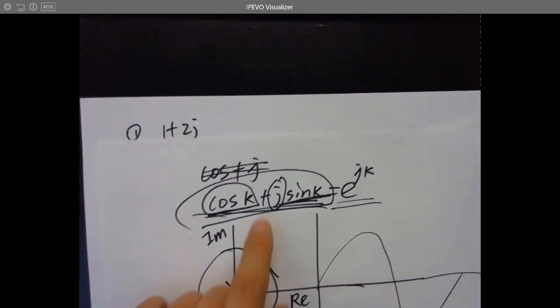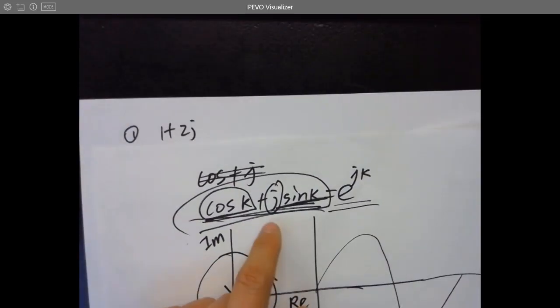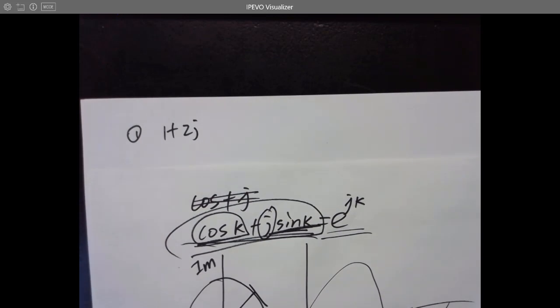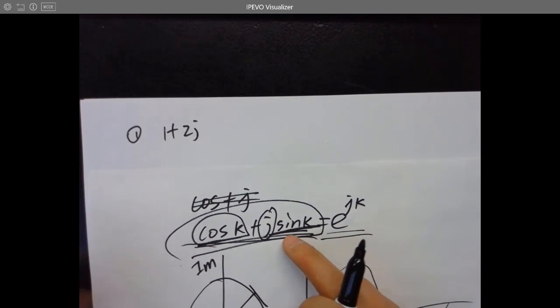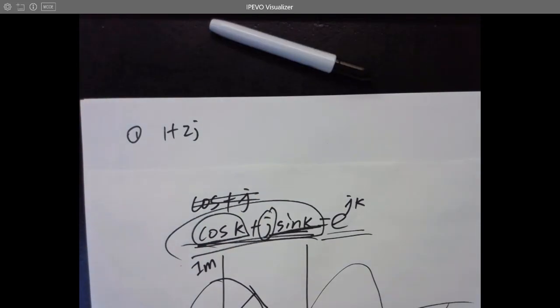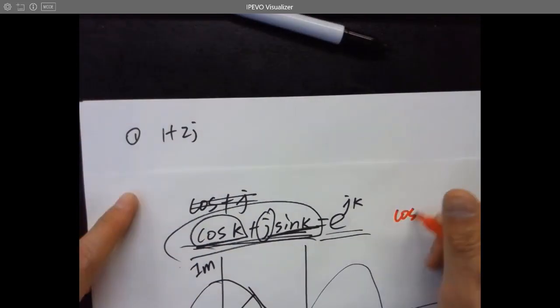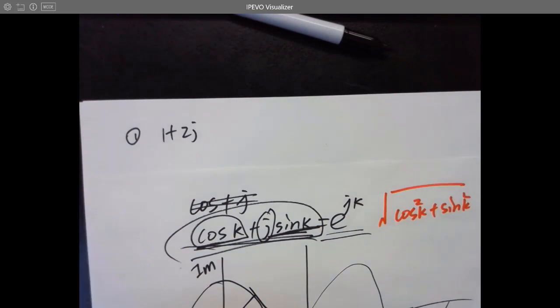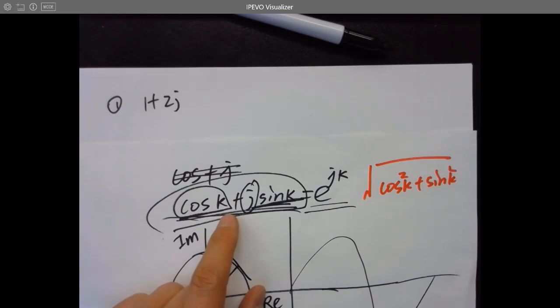So compared to this one, what's the difference? It has a different what? Different amplitude. So what's the amplitude here? How can I calculate amplitude? What's the amplitude of this phasor? 1.